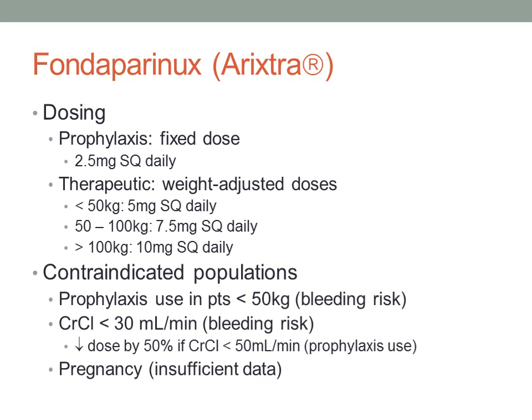And it's contraindicated in all patients when creatinine clearance is less than 30 because remember, it's renally eliminated, and you can also see increased risk of major bleeding episodes in these patients. Some experts recommend decreasing the dose by 50% if the creatinine clearance is less than 50 mils per minute. It also shouldn't be used in pregnant patients due to insufficient data in that population.